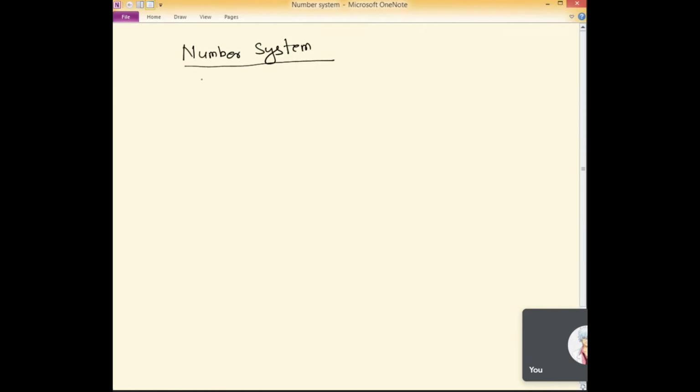Our most familiar number system is the decimal number system, and we study several other number systems with respect to this main number system, the decimal number system. This is our most familiar number system.